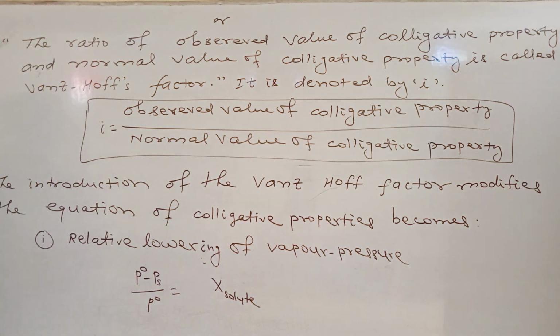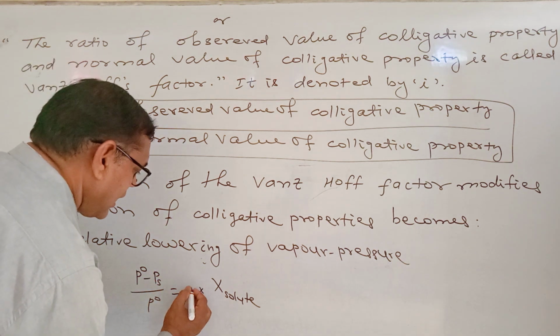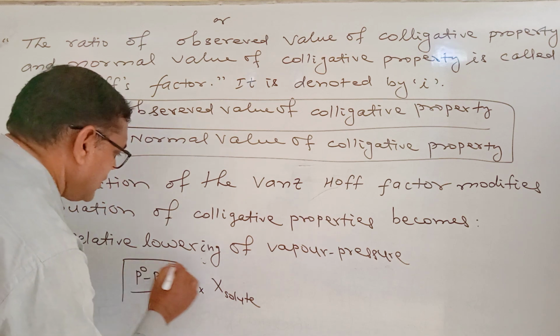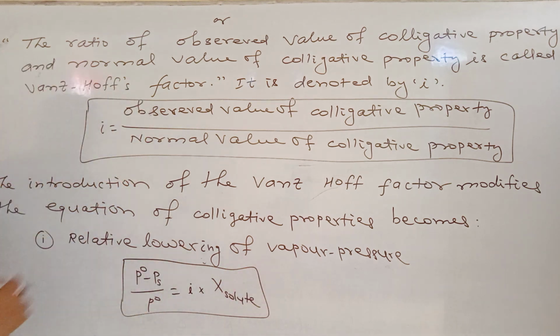But we write a modified formula for relative lowering of vapor pressure in which van't Hoff factor is present. Here we multiply i and it is converted into the modified equation for colligative properties.